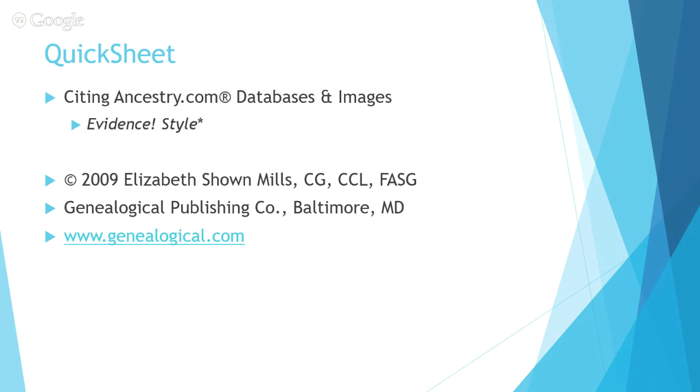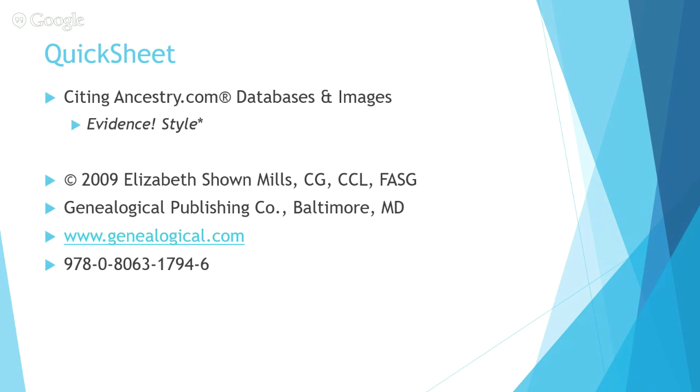And there's a link to their website, genealogical.com, and the ISBN number for this laminated 4-page quick sheet. And I will put this information in the description of this video.